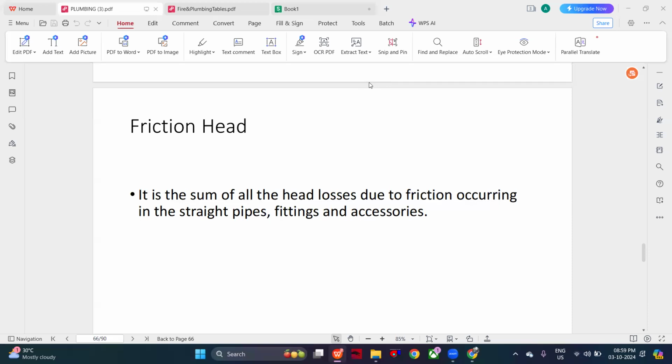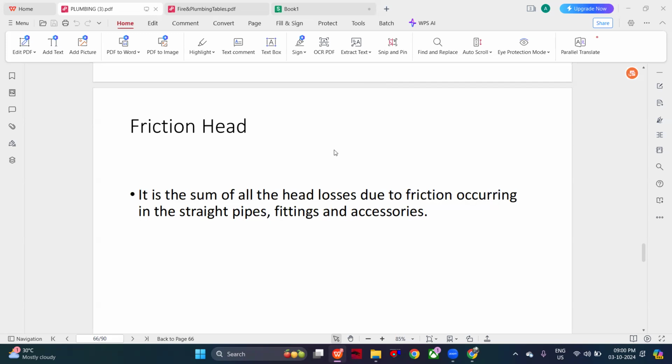Pipe accessories: valves, butterfly valves, strainers, non-return valves.